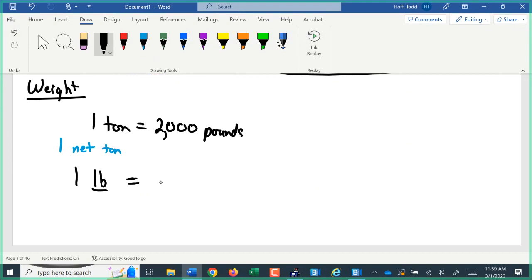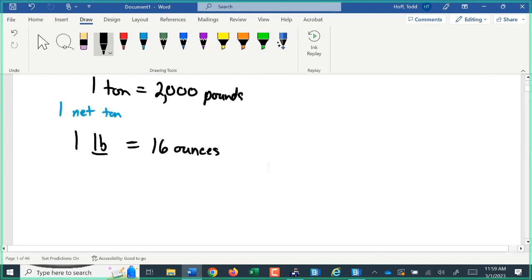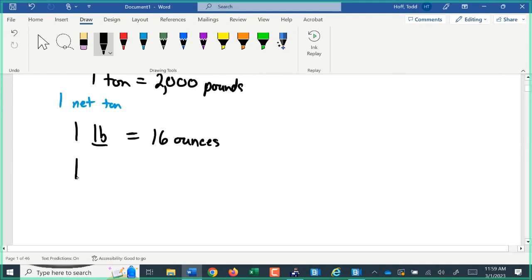Smaller than a pound? 1 pound contains 16 ounces. Well, for ounces, since we use the Latin word libra for pounds, they decided to use the Latin word for ounces as well, which is onza. That's where the OZ comes from to abbreviate ounces.